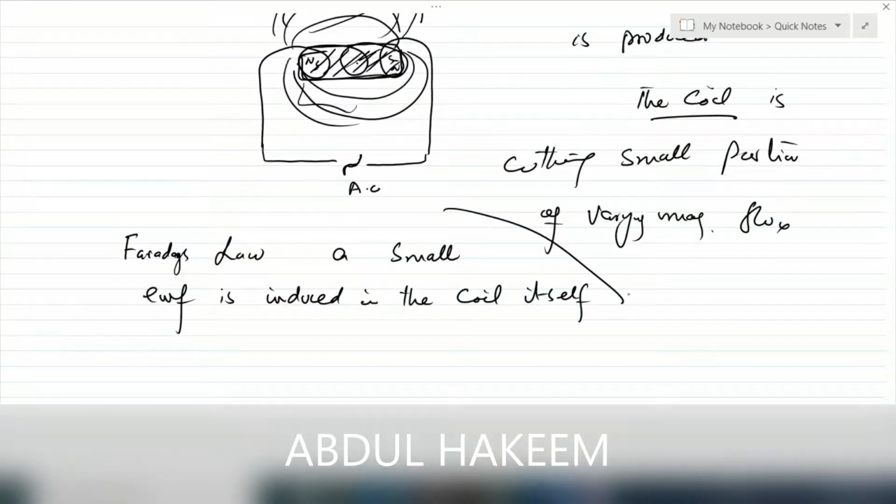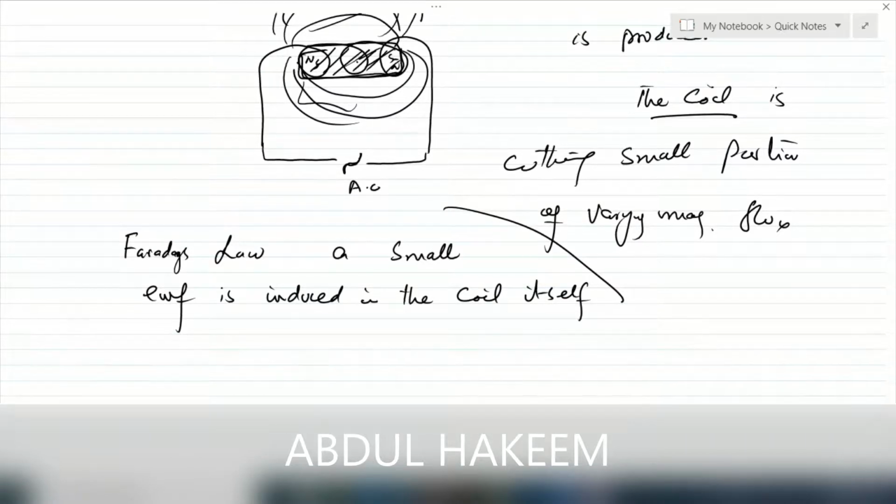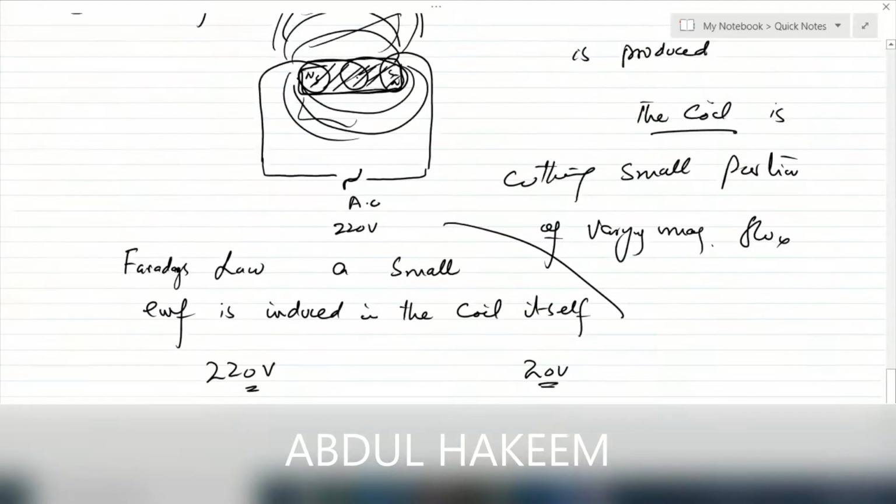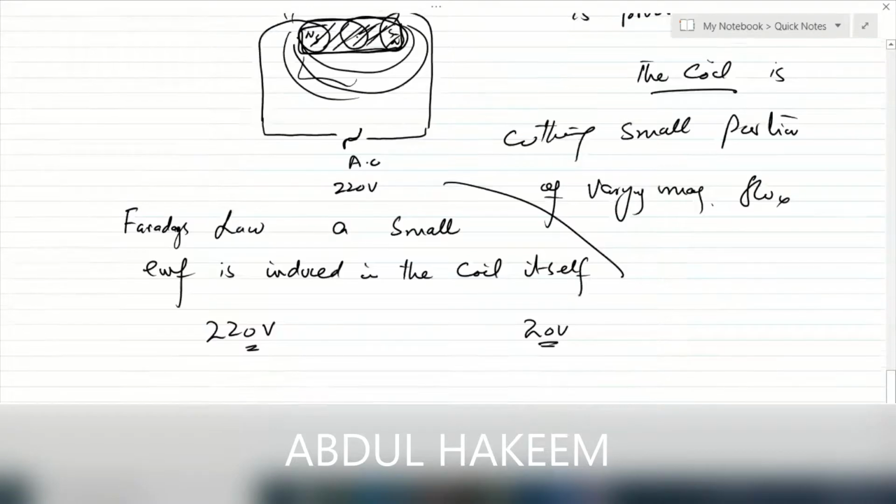So this is actually self-induction, and the EMF induced will be small as compared to the provided. So this alternating voltage is 220 volts. So we are supplying 220 volts, and 20 volts is produced by this small electromagnetic induction.